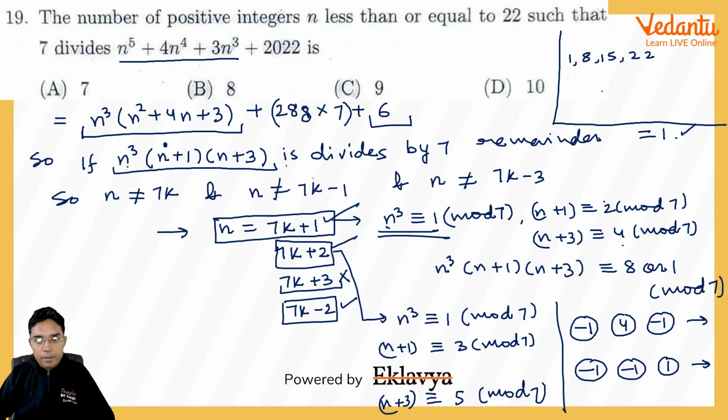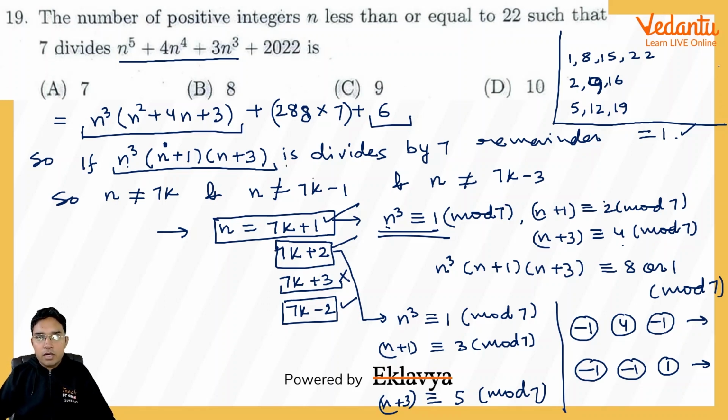For 7k plus 2, that will be 2, 9, and 16. I made a mistake earlier, but 2 plus 7 is 9, 9 plus 7 is 16, so it is correct. And for 7k minus 2, the first number would be 5, then 12, and then 19.